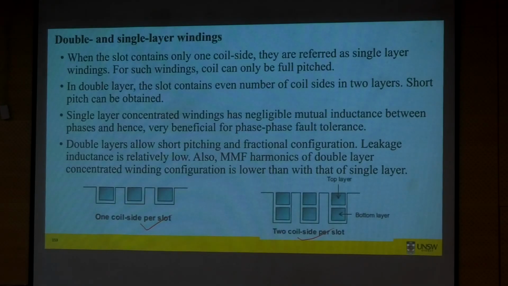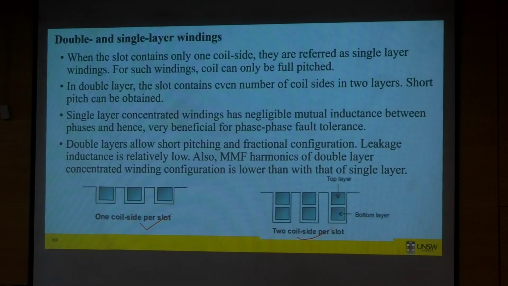But the single layer has this problem because of higher MMF harmonics, higher than the double layer, so you may end up having higher eddy current loss. Whereas double layer, although the mutual inductance will be a little bit higher compared to single layer, can have better MMF harmonics, and that's why it can have lower eddy current loss, as well as utilizing the slots more effectively.